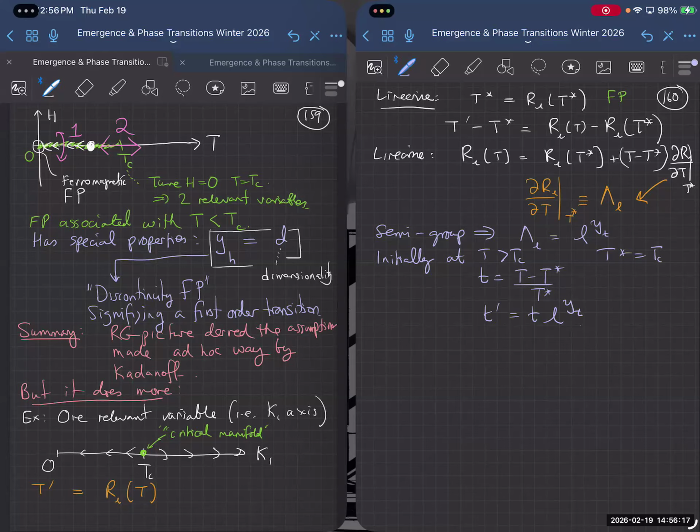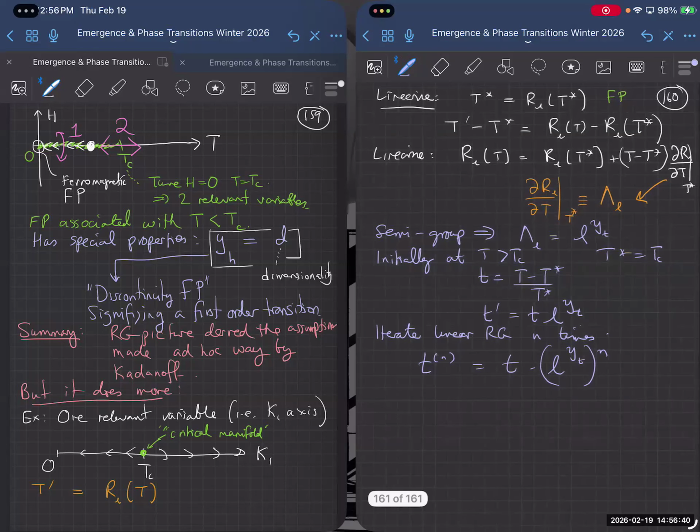And then I iterate this n times, iterate my linear RG n times. So then I get t, the nth iterate, is equal to t times L to the power y sub t, raised now to the nth power. So that's what happens when I do my iteration.